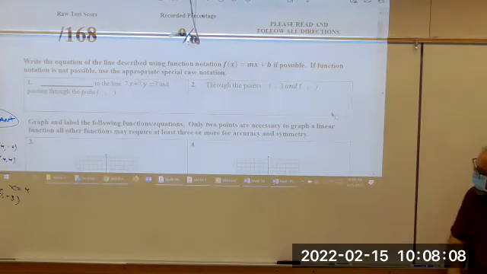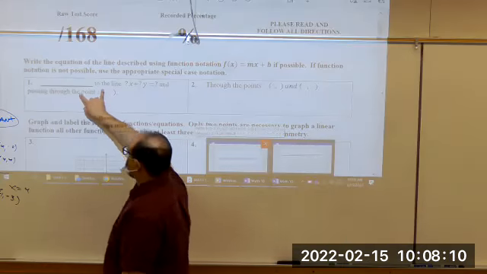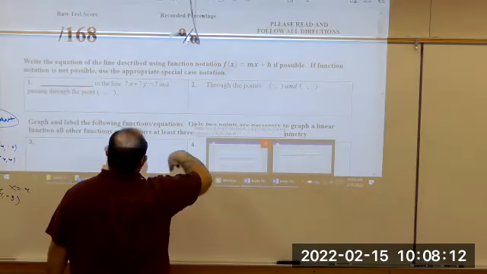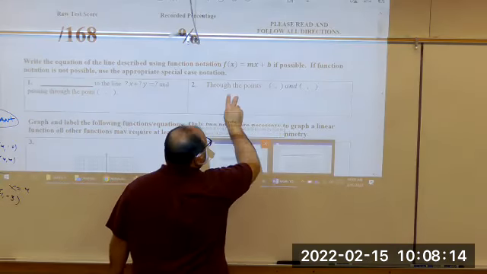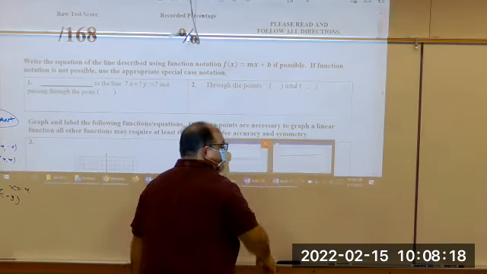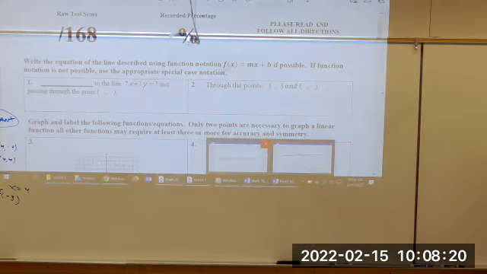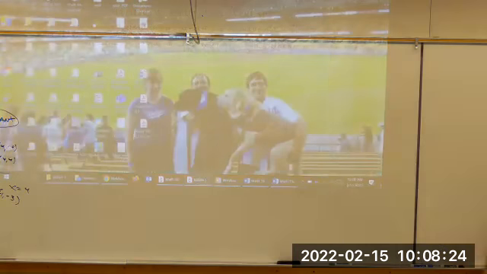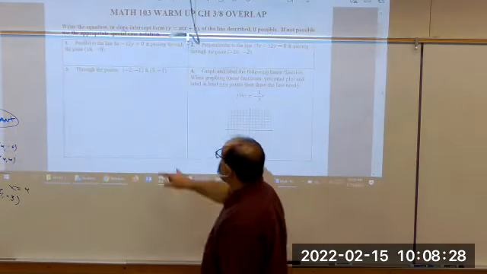Two of them. One, parallel or perpendicular, and we just did an example. Another one, through the two points, which is this example. I got two points.